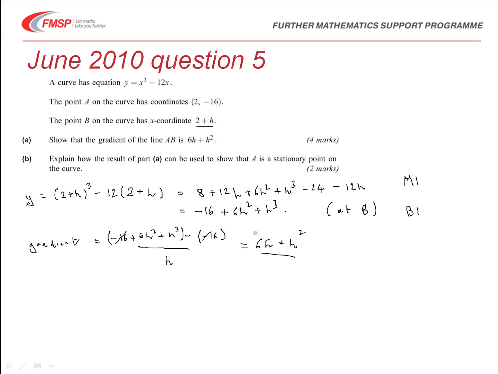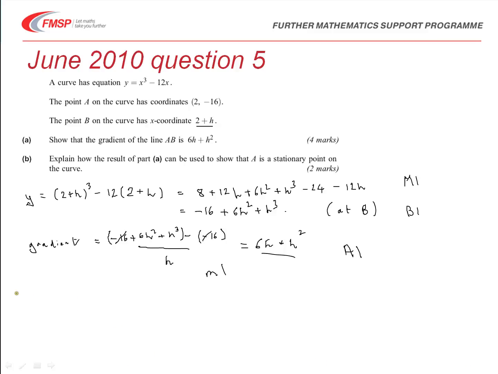Then writing down an appropriate method here for the gradient will give you a method mark, and then obtaining the 6h plus h squared will give you an accuracy mark at that point there.